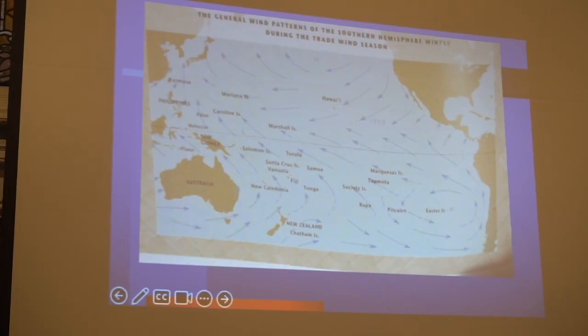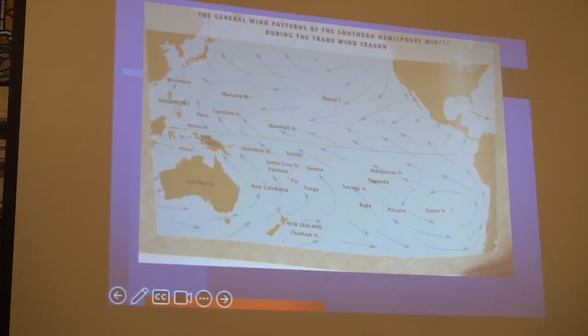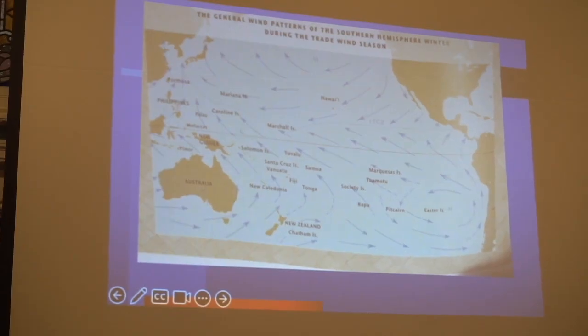So we're in that western portion, which is why our winds typically come from the west or the northwest. The mirror image of that exists in the South Pacific, where there's a South Pacific High, and it generates a counterclockwise direction, and the prevailing trade winds there come from the southeast.